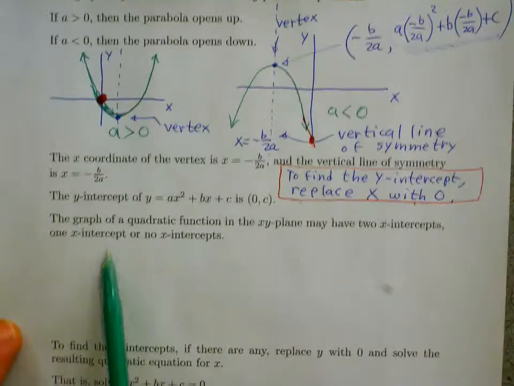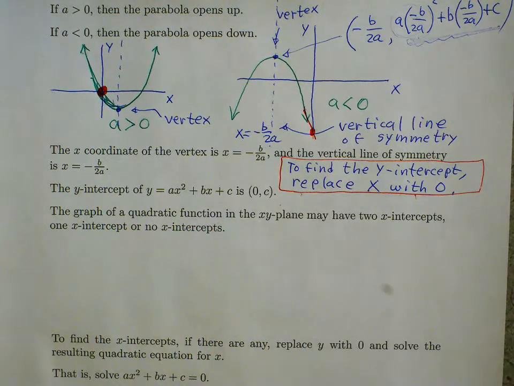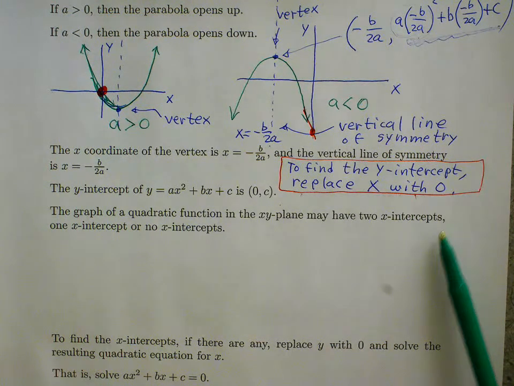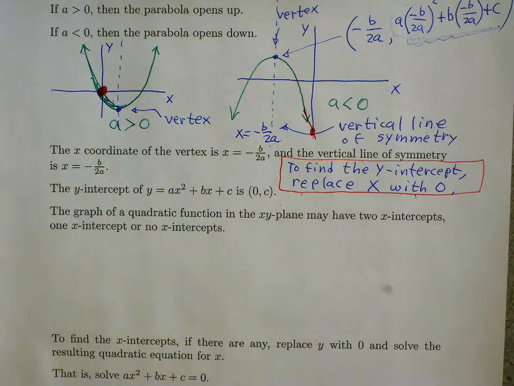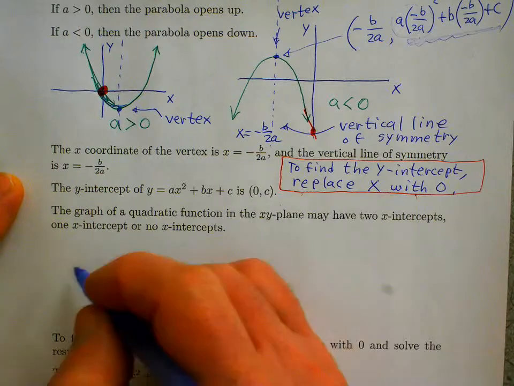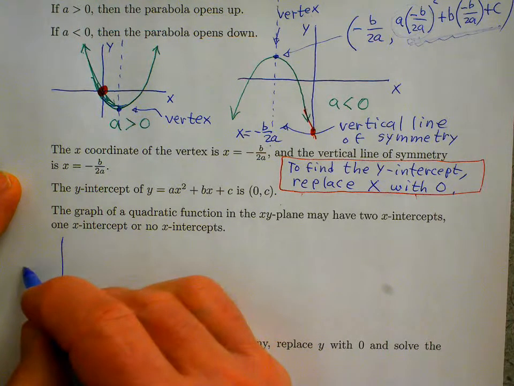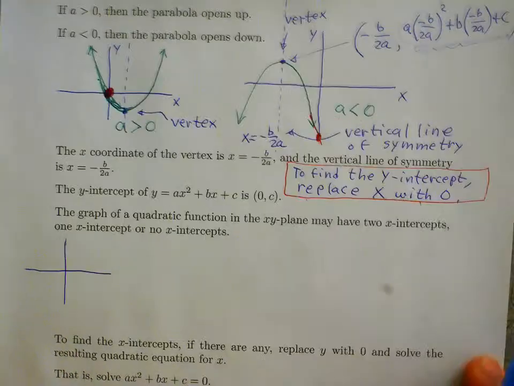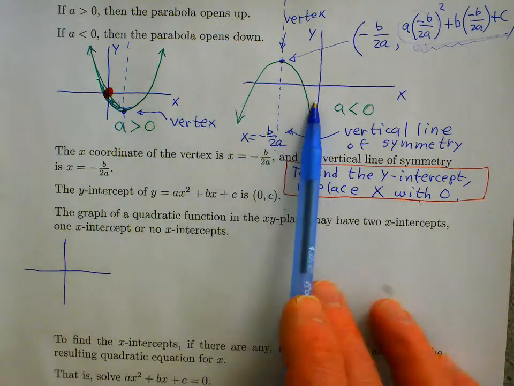Okay, the graph of a quadratic function in the xy plane may have 2 x-intercepts, or 1 x-intercept, or no x-intercepts. So a parabola that has 2 x-intercepts, you could look at either of those two drawings that I've already done.